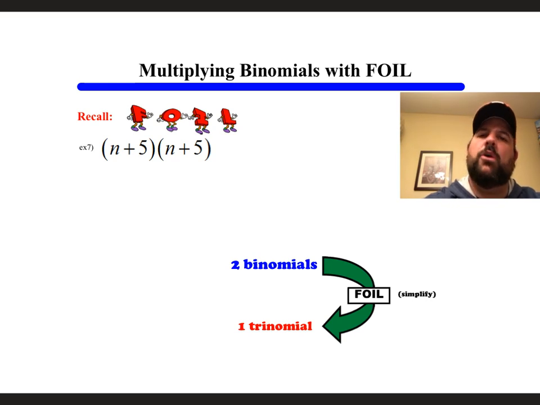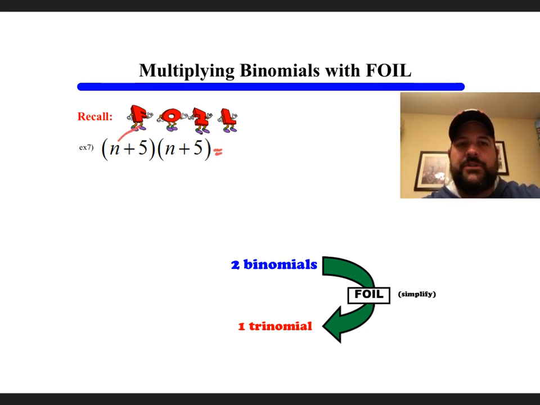There's something else that we want to be careful of though too, because we're not always going to have two terms or two binomials multiply to give us two terms. In fact, normally we found when we learned how to FOIL that two binomials usually multiply to give us a trinomial. So for example, if I had n plus 5 times n plus 5, when I FOIL this and go through my steps, we would get n squared plus 5n.